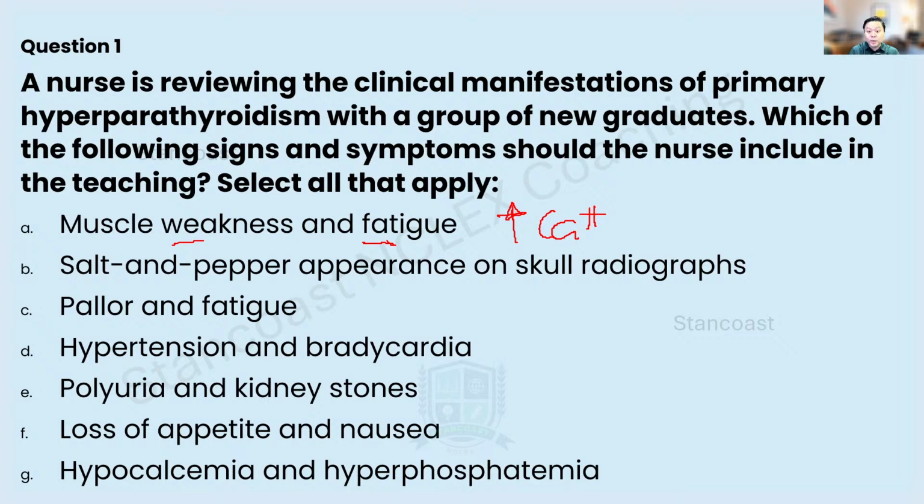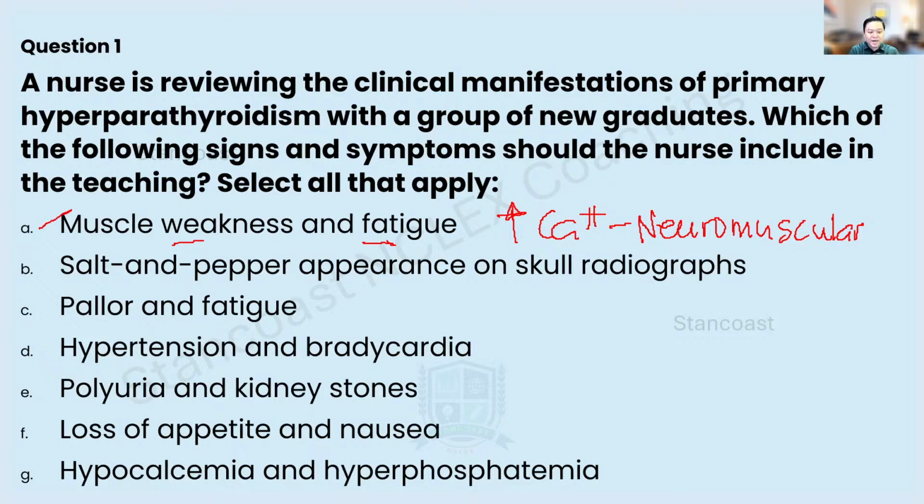Again, it will reduce the neuromuscular excitability. That is the main reason why the person is going to have the muscle weakness and fatigue. So this is basically one of the correct answers.